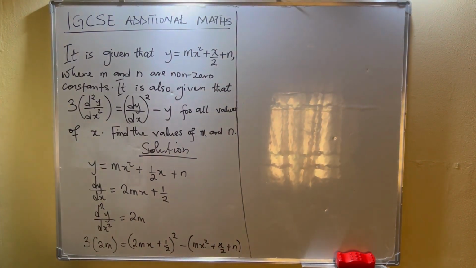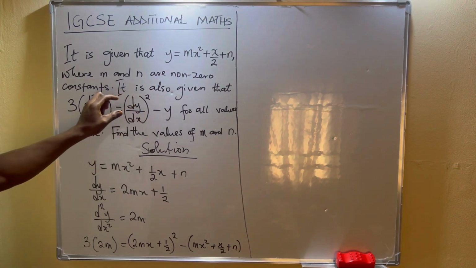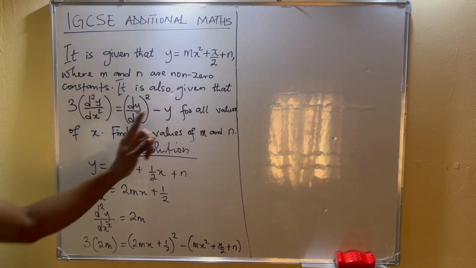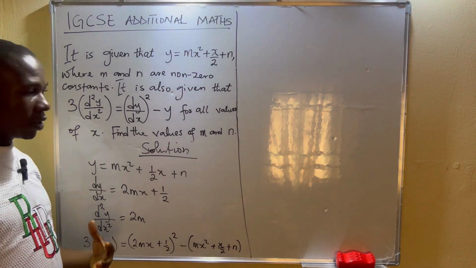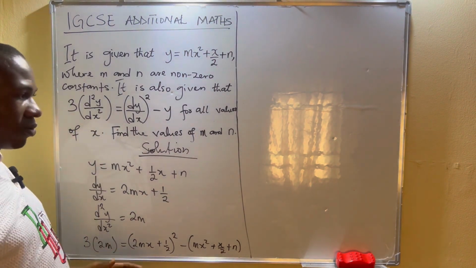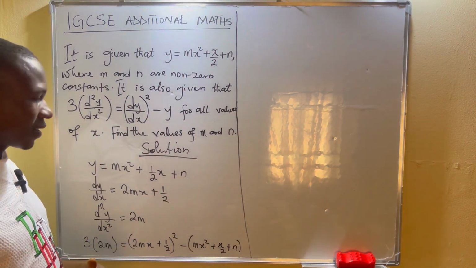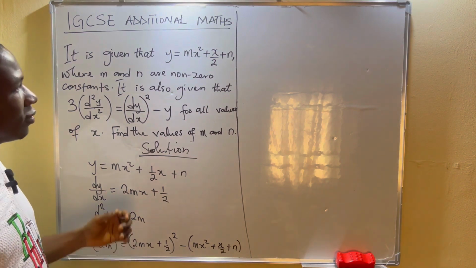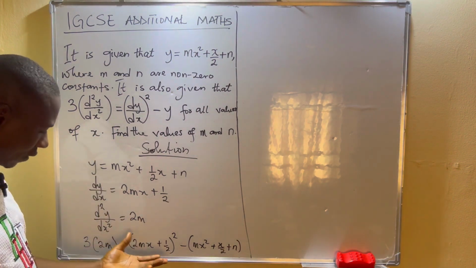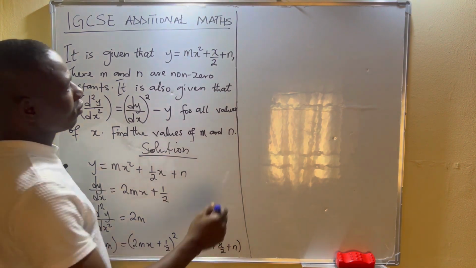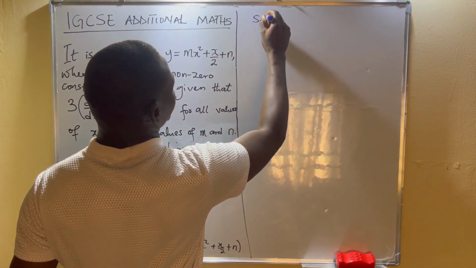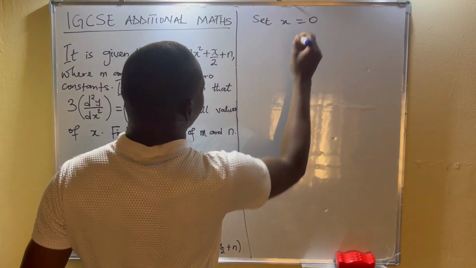Okay, so now the question says for all values of x. So we are free to assign any value to x. So x can take any value, we don't care. So first of all, I want to set x equal to 0.